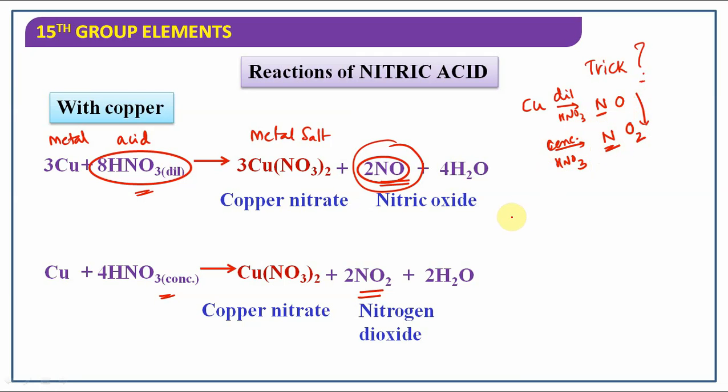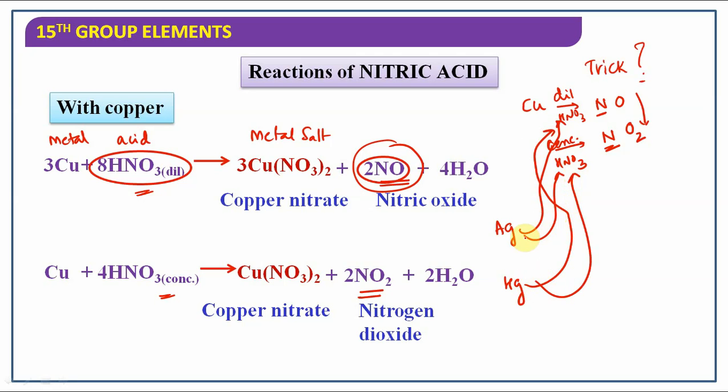A similar reaction is for Ag as well as for mercury. Ag plus dilute HNO3 gives NO plus H2O plus AgNO3. Ag plus concentrated HNO3 gives NO2 plus H2O plus AgNO3. Similarly, mercury plus dilute HNO3 and mercury plus concentrated HNO3 give the same products. Understood the point?